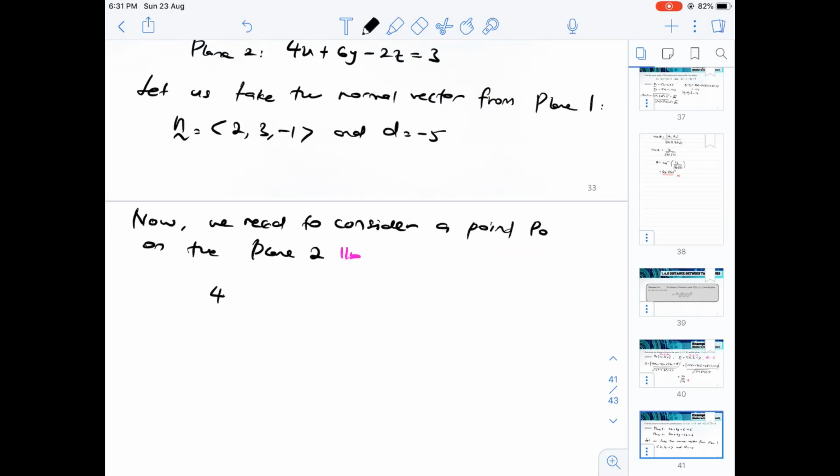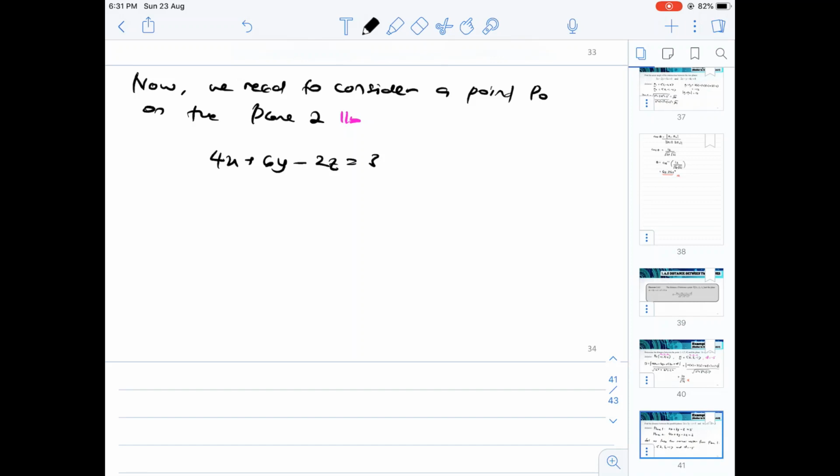Plane 2 is 4x plus 6y minus 2z equals 3. Again, by using the intercept form, we divide everything by 3. We have 4x over 3 plus 6y over 3 minus 2z over 3 equals 1.